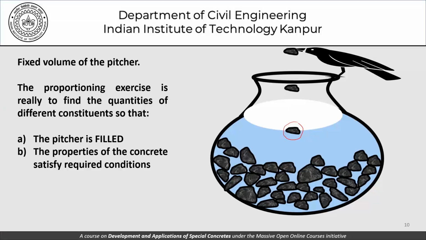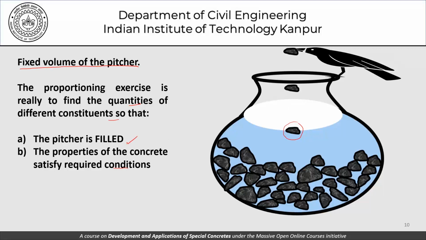The idea basically is that there is the fixed volume of the pitcher, and the proportioning really boils down to an exercise to find out the quantities of the different constituents so that the pitcher is filled and the properties of the concrete that we get satisfy all the required conditions.